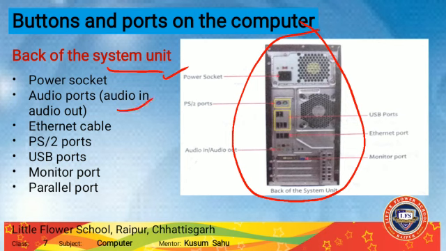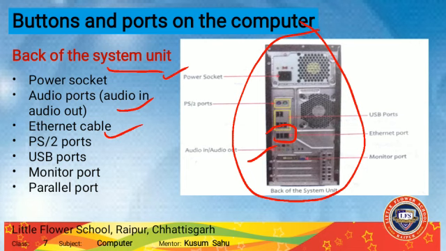Through this we can input the audio or listen to the music, means output of audio also, with the help of microphones and headphones. The next one is Ethernet port. In this we can connect our networking devices. Means through this we can connect to other devices. We can connect to other CPU also.